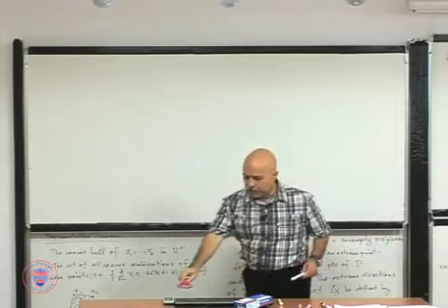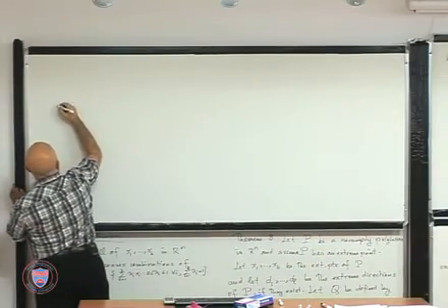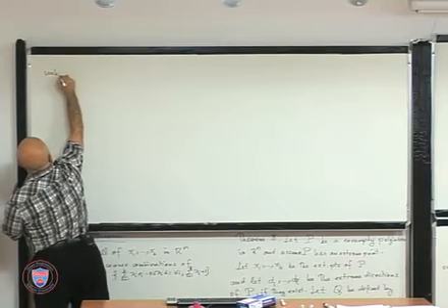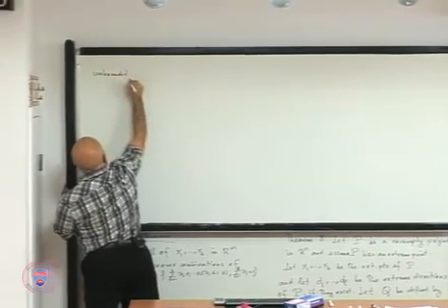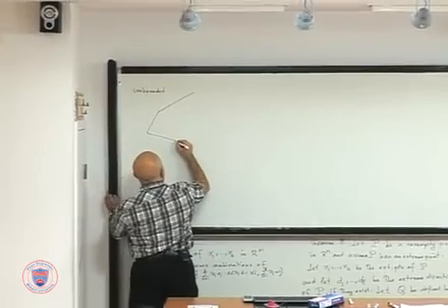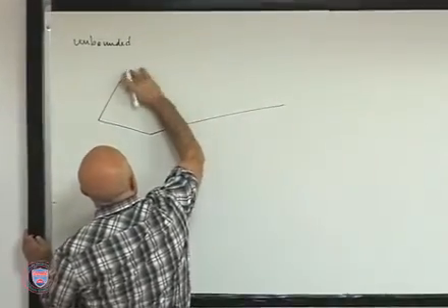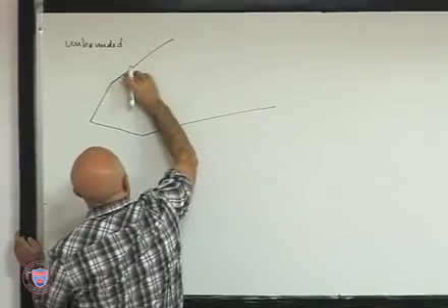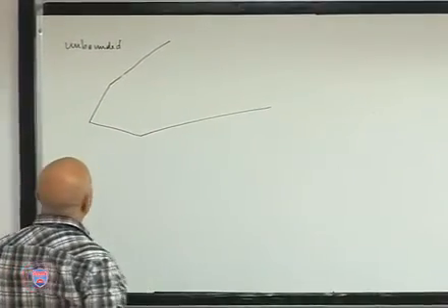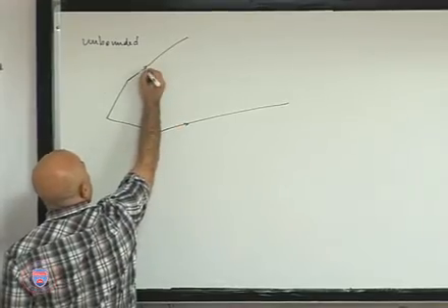For the unbounded case, you have a more complicated situation. So you've got some kind of an unbounded polyhedral set, such as this one. Okay? There are two extreme directions here. One is this, the other one is this.